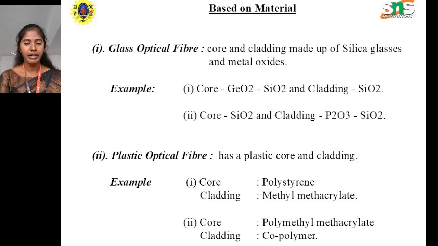Or, if the core is methyl methacrylate, the cladding will be a copolymer. We choose the material by the refractive index of that material. These are the two different classifications of fiber based on materials: one is glass optical fiber, another one is plastic fiber.